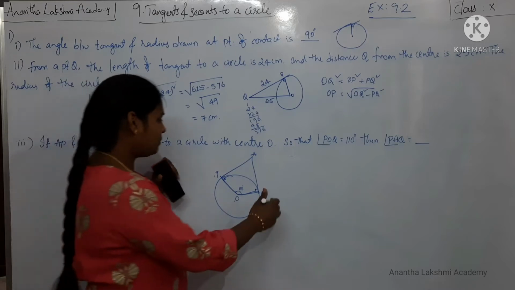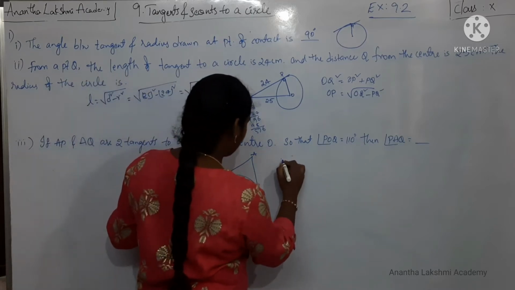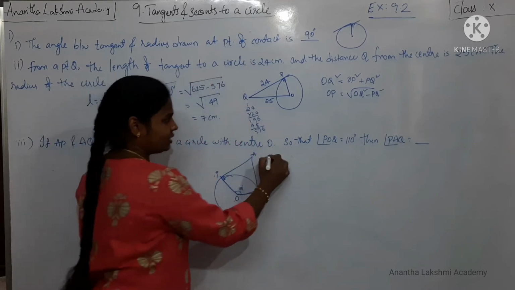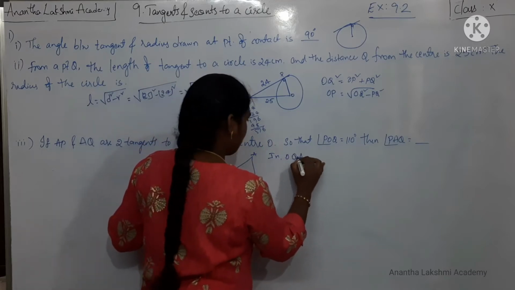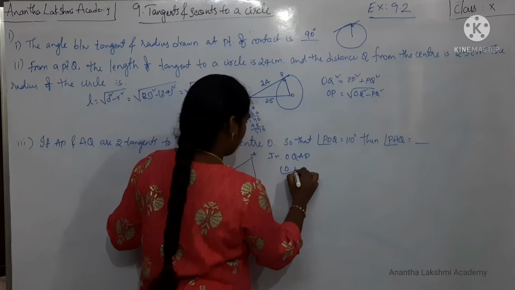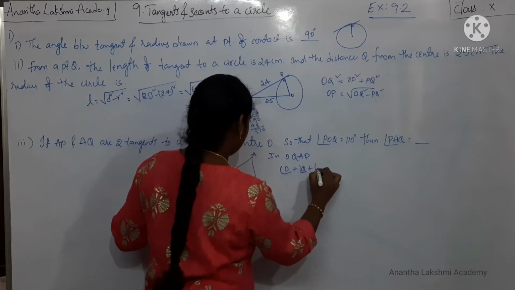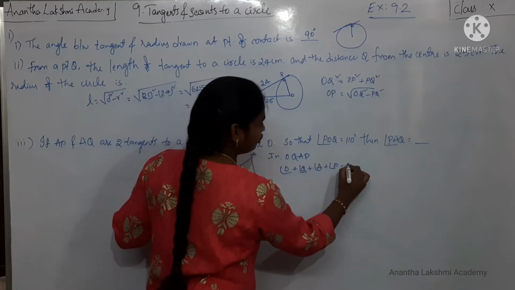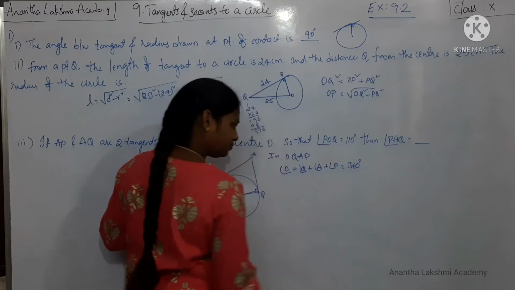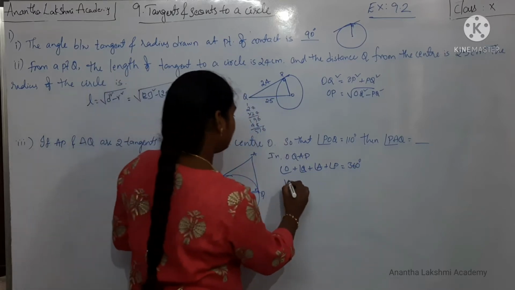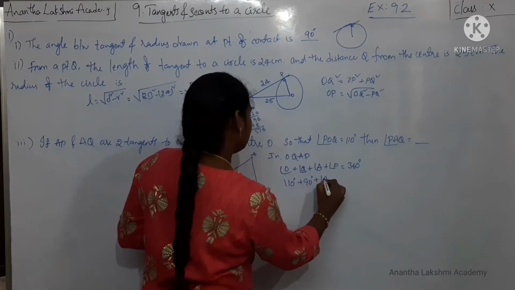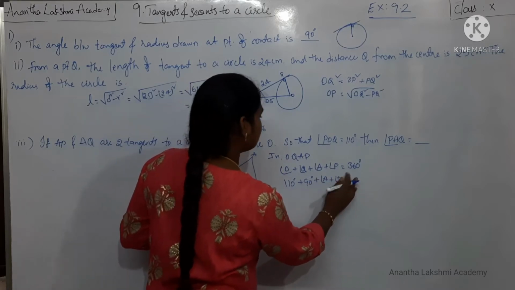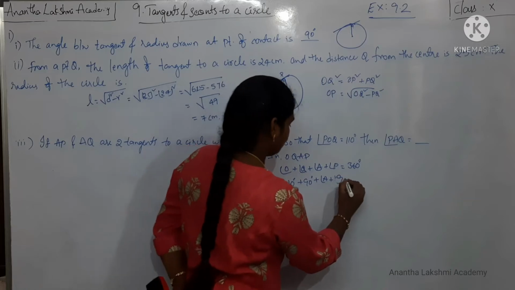So now, in short, this becomes a quadrilateral, right? In quadrilateral OQAP, angle O plus angle Q plus angle A plus angle P should be 360 degrees, no? Now angle O is 110 degrees, angle Q is 90 degrees, angle A is what we have to figure out, angle P is also equal to 90 degrees.